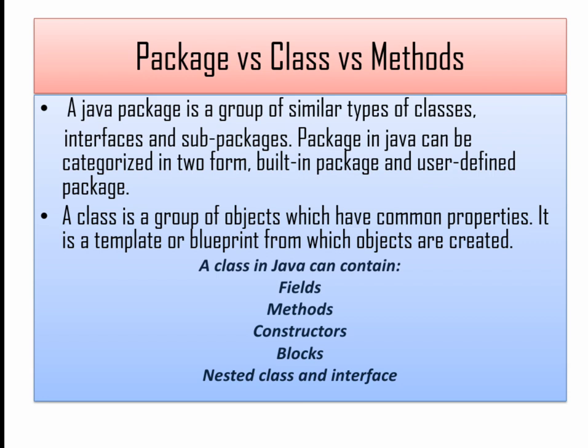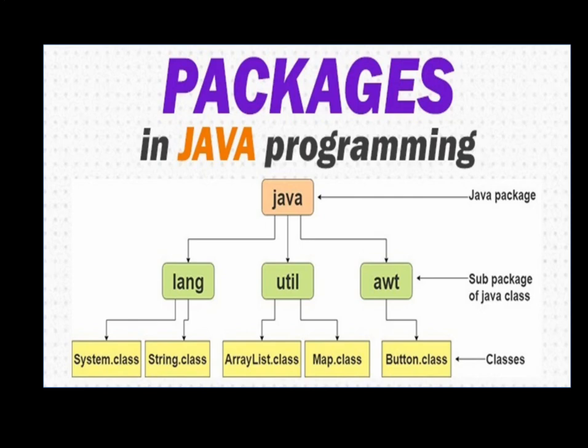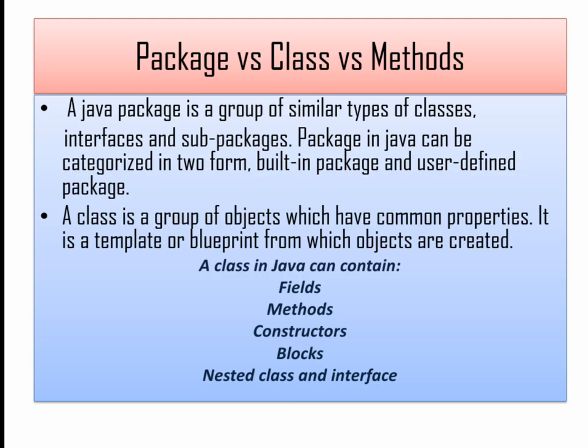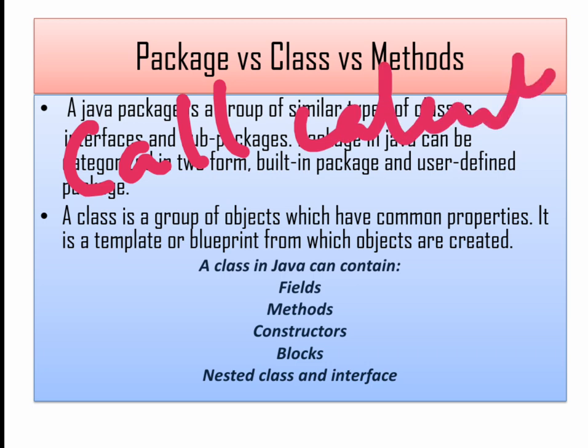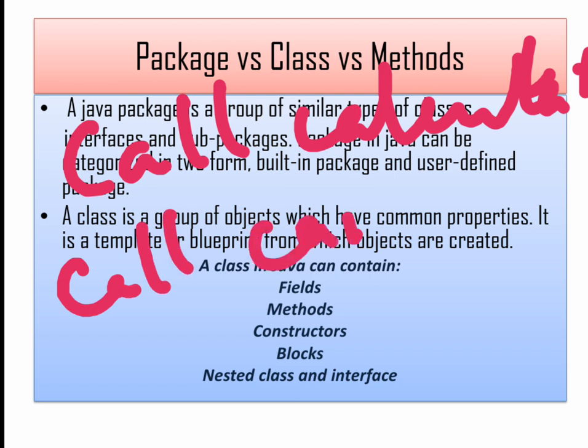So do the mobile functions work automatically? No. When you need to use the calculator, you have to go to the special part of that mobile in which the calculator option is there. That means you have to call the calculator to use the calculator, call the camera to use the camera.